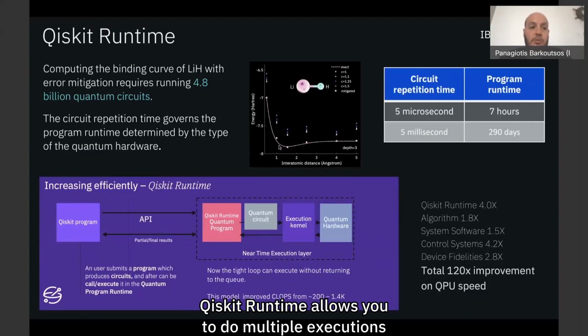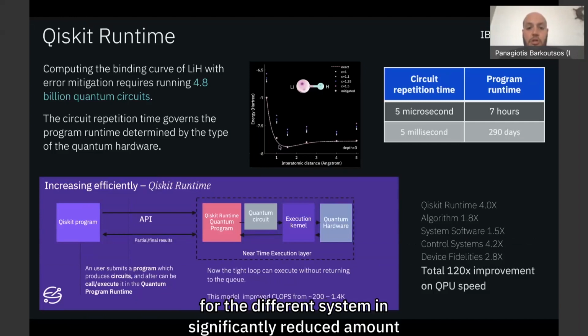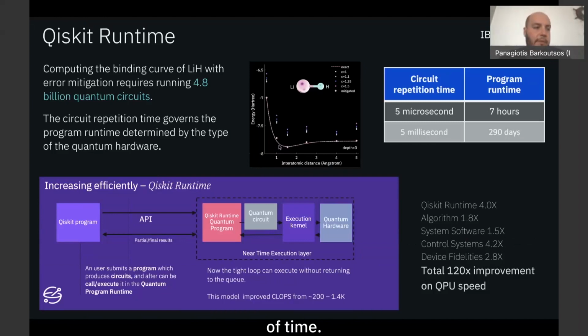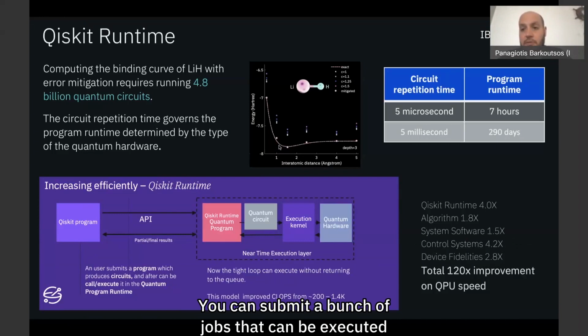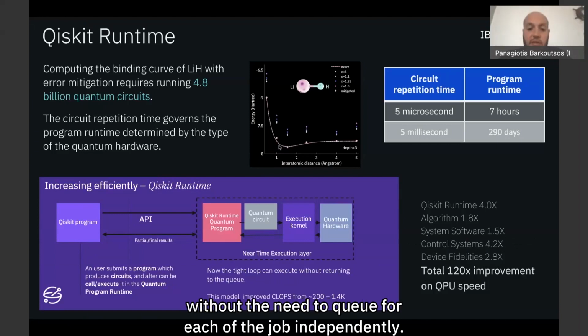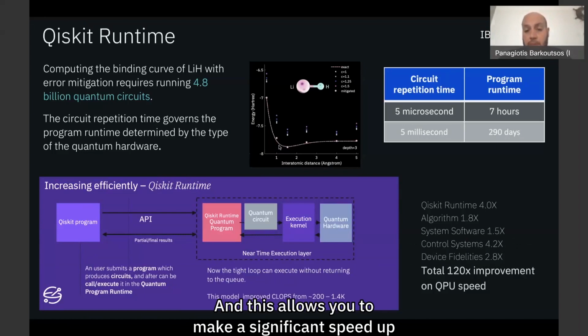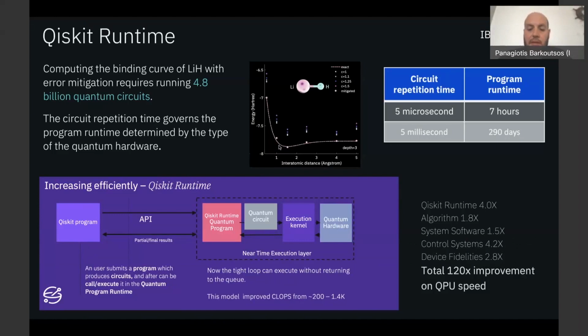Qiskit Runtime allows you to do multiple executions for the different systems in a significantly reduced amount of time. You can submit a bunch of jobs that can be executed without the need to queue for each job independently, and this allows you to make a significant speed up in the quantum processor calculations.